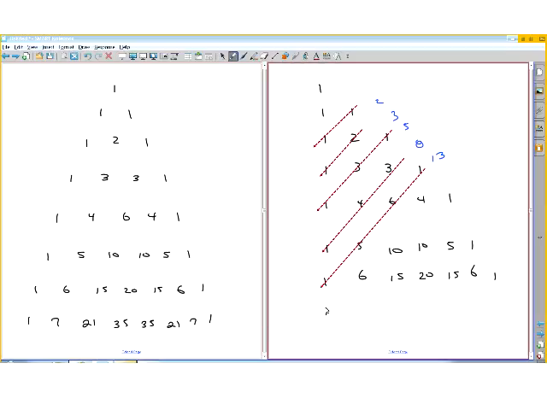So if I were to write those in there, 1, 7, 21, 35, 35, 21, 7, 1. So if I were to take this diagonal, I'd have 4 plus 10 plus 6 plus 1, which would end up with 21. So that doesn't work. And at the next row, I guess the next one would add up to be 34.